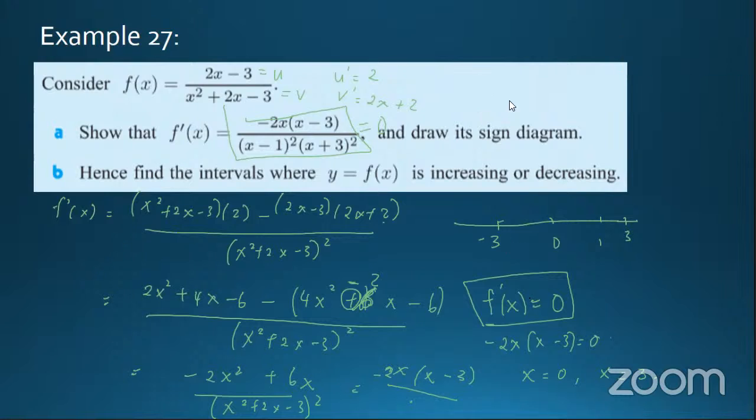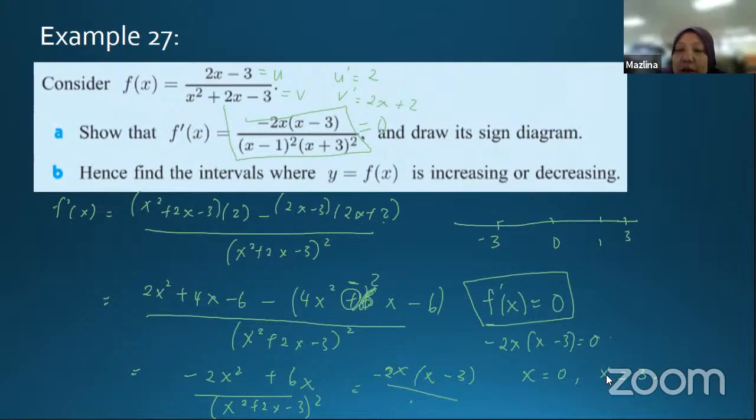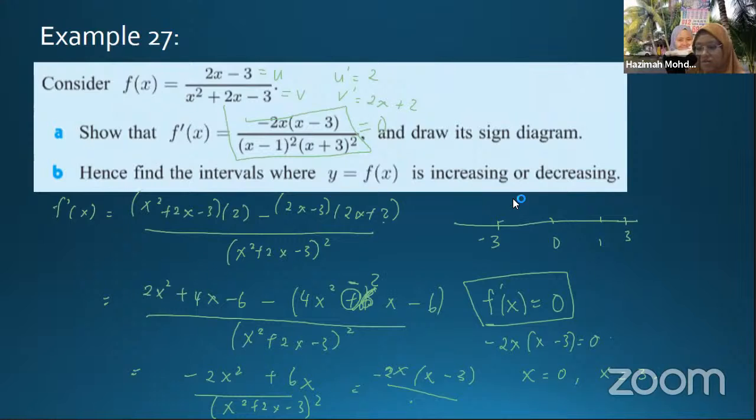Okay, so from here, who wants to continue? Jimah, maybe, 0 and 3. So what is the interval? Is the function increasing or decreasing? Decreasing, less than 3 and more than 0.